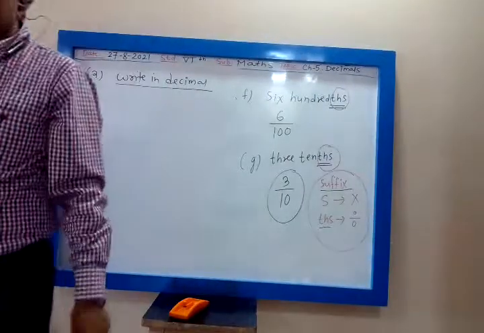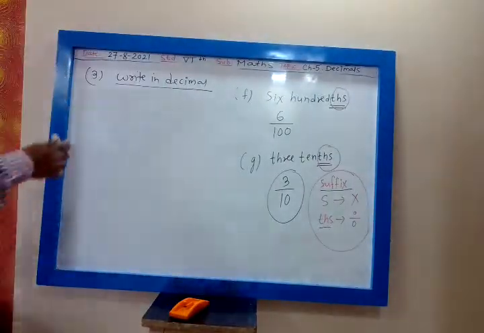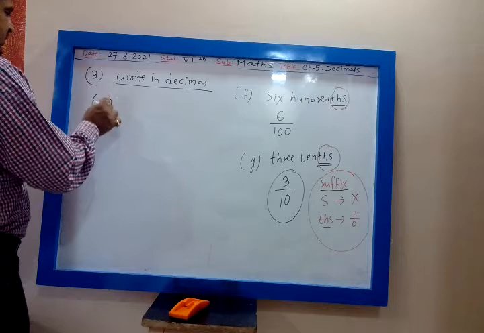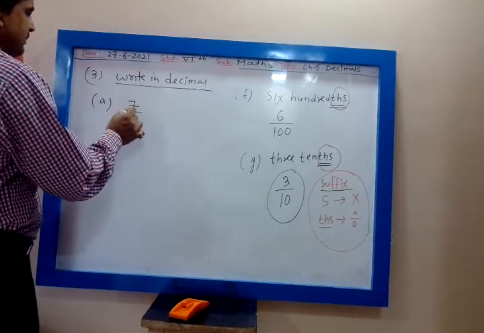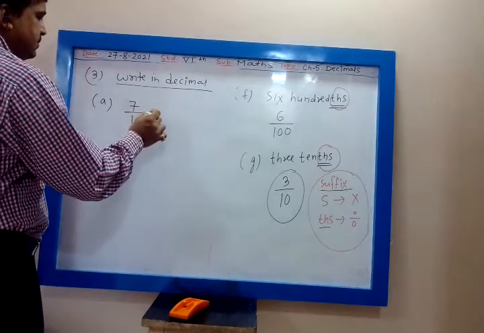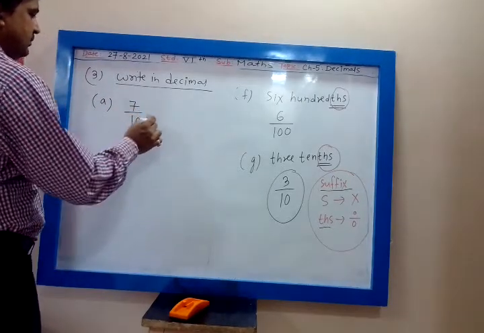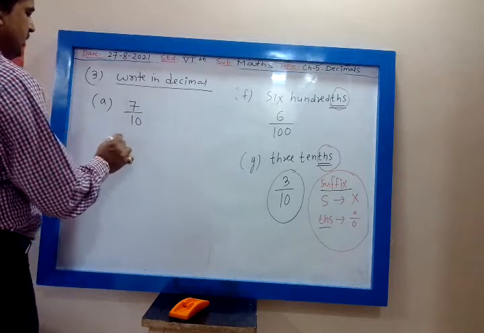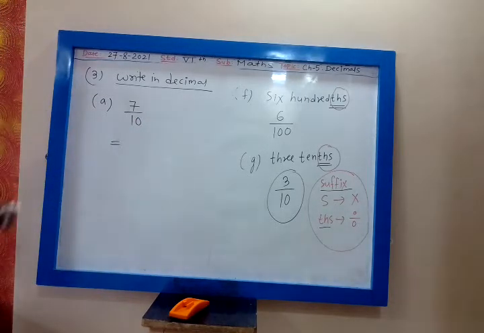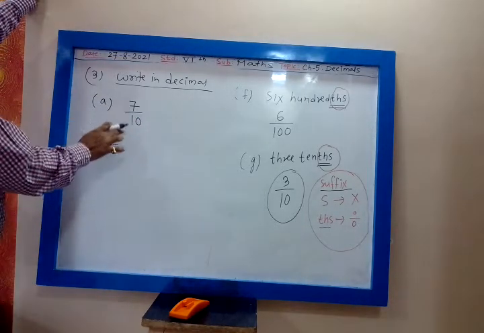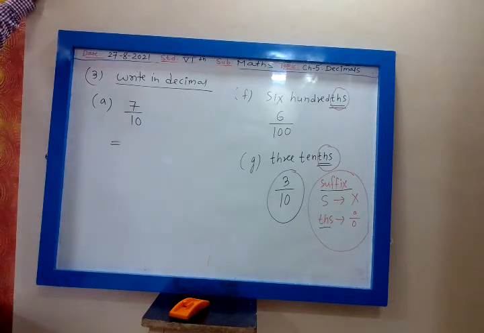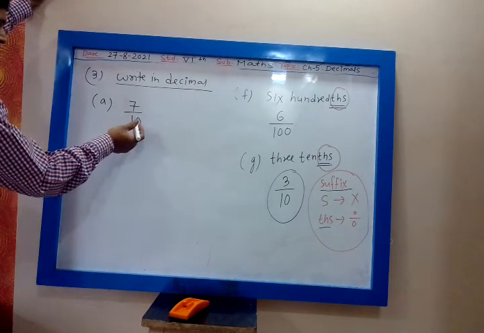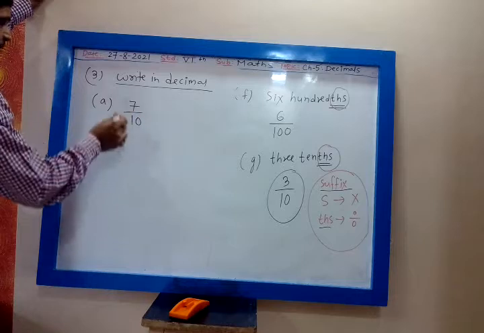Now write in decimal. First it is 7 by 10. Okay. Now see here, my dear, you remember. See how we solve this type of problem. Nobody will speak in between. 7 by 10. Denominator, how many 0 are there? 1. So that 0 you add before 7.